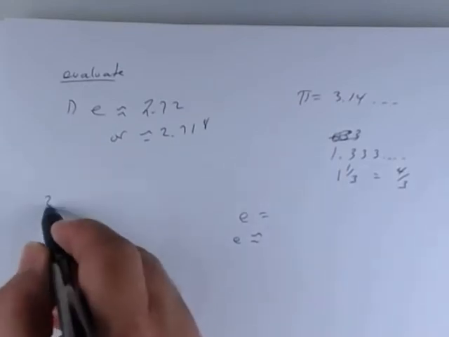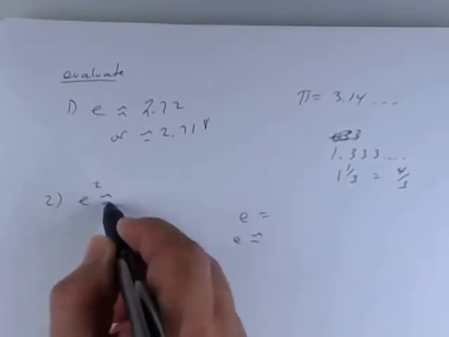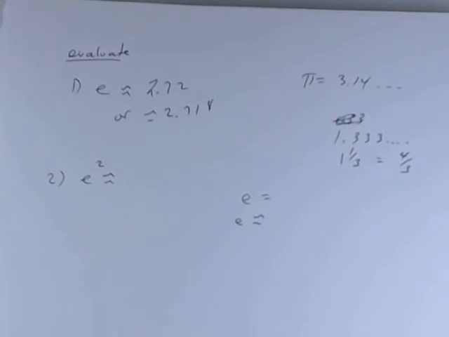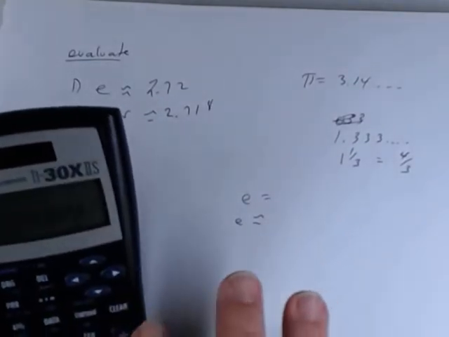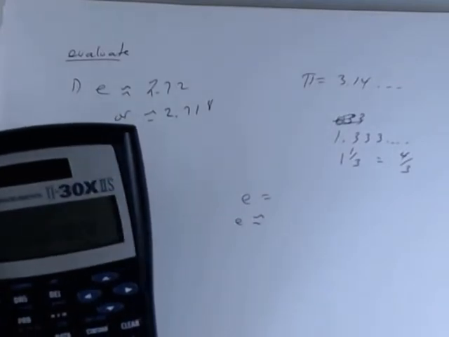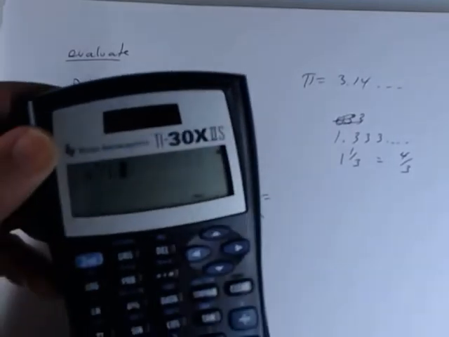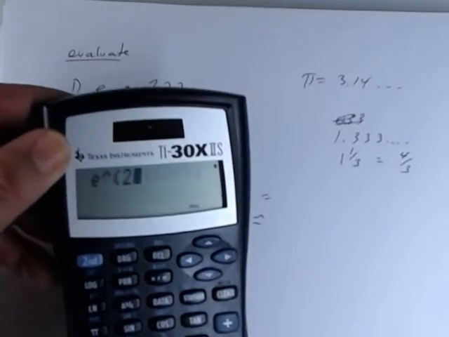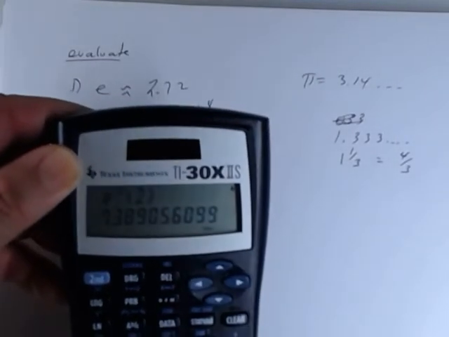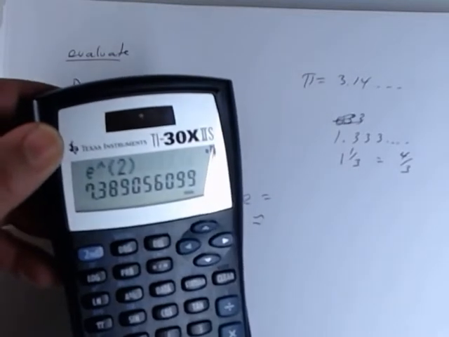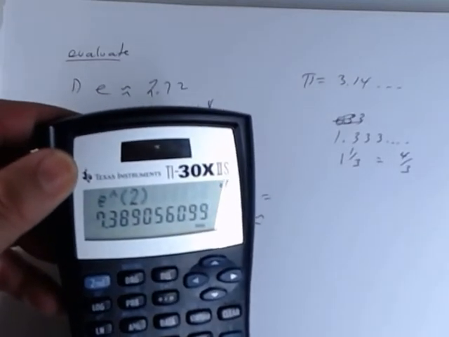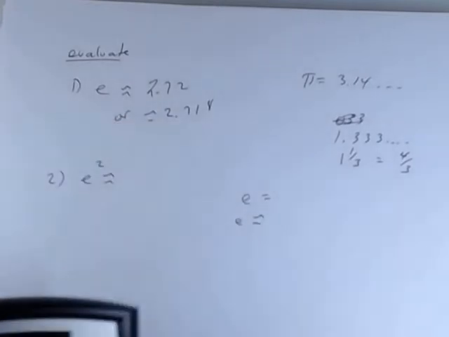All right, what about the next one? Try E squared. And go ahead and use 3 decimal places. So on your calculator, you're gonna punch in what first? Second, then the LN button, and then type in 2, close it, and that's about 7 point. Okay, to 2 decimal places, 7.39.